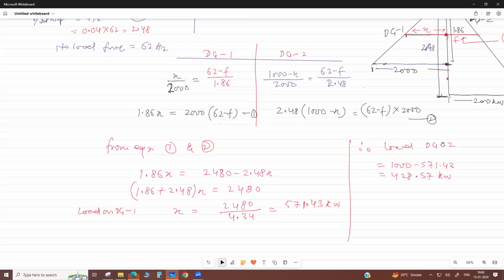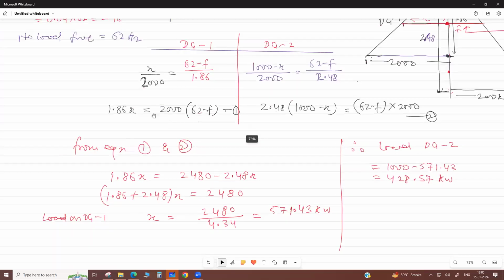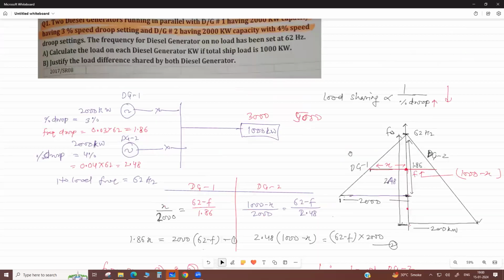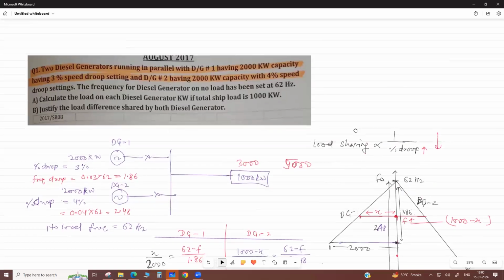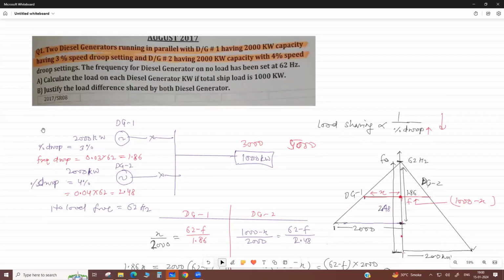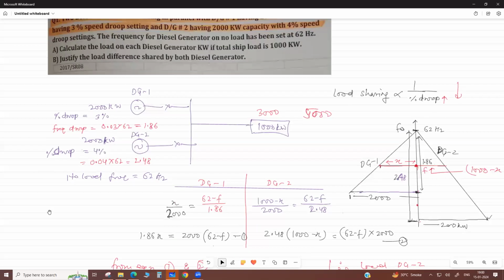We have written inversely proportional initially in this question. See, this is the justification.